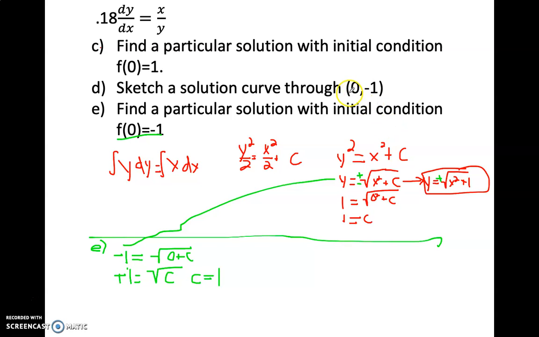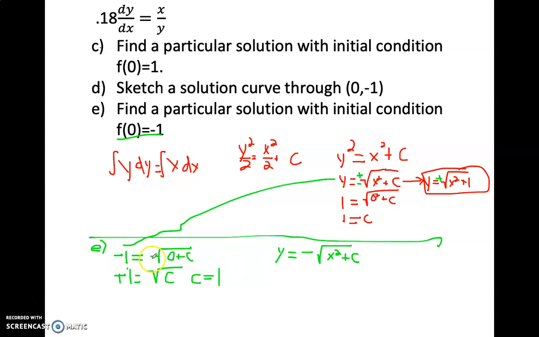Now when I'm doing 0, negative 1, the output is negative. That means when I do this problem, what's going to have to happen here for this to work out is I'm going to have to be using y equals negative square root of x squared plus c. That's really what I was using here.